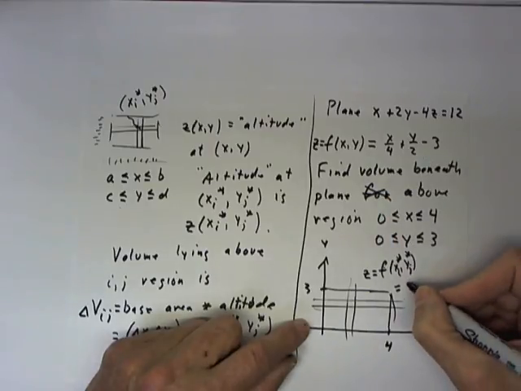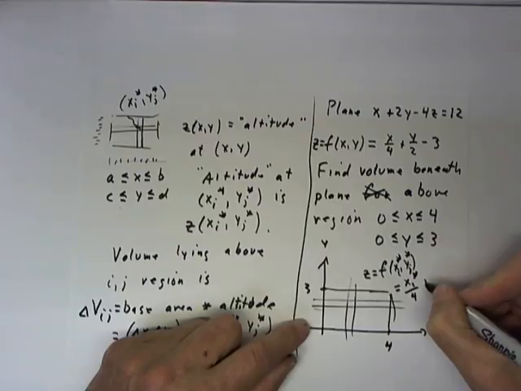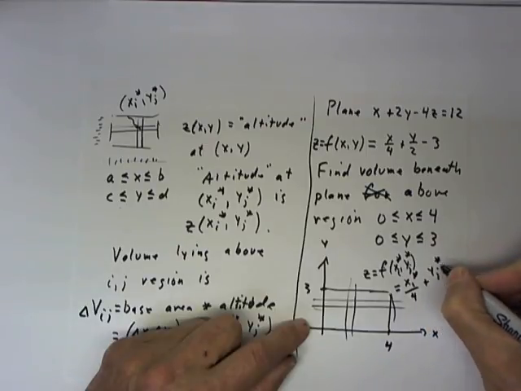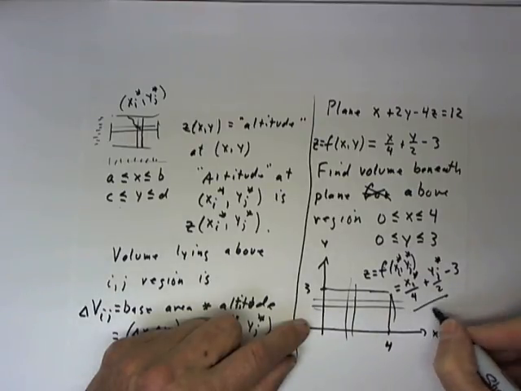And that's going to be what? That's going to be xi star divided by 4 plus yj star divided by 2 minus 3.